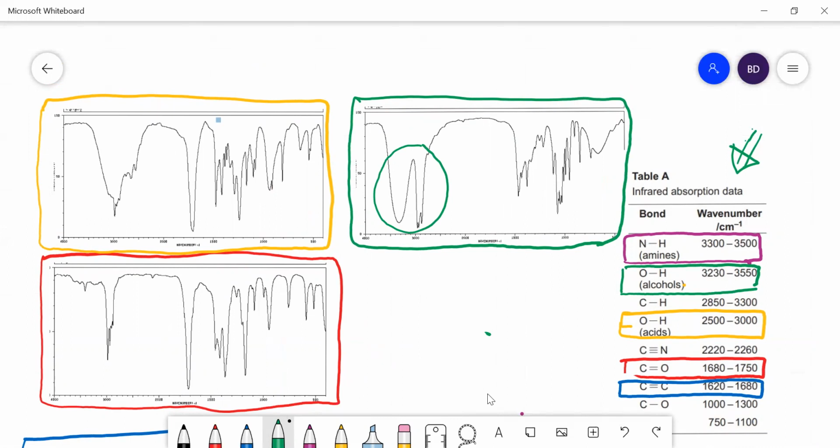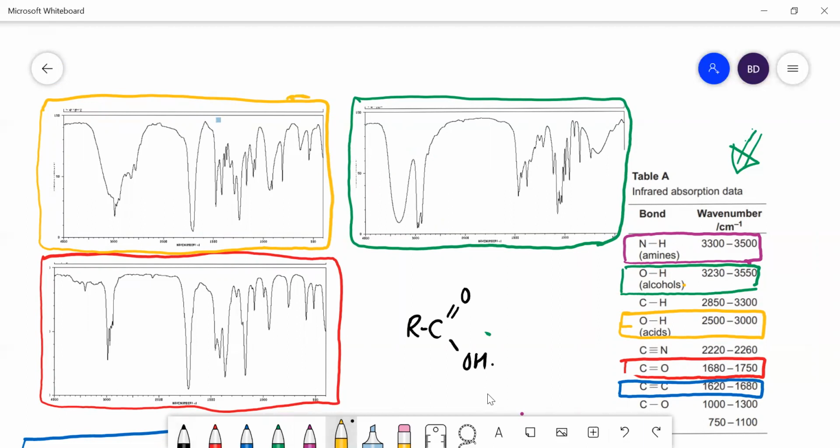Now, of course, not only alcohols have an OH, but carboxylic acids have an OH group as well. Our carboxylic acid we've got in the yellow color, so it's this yellow one up here.